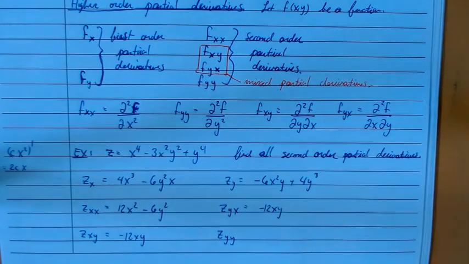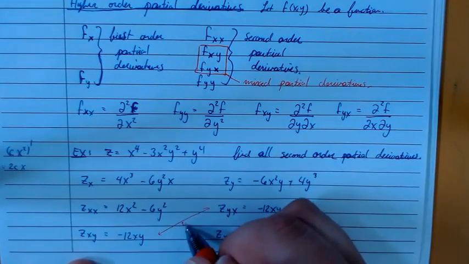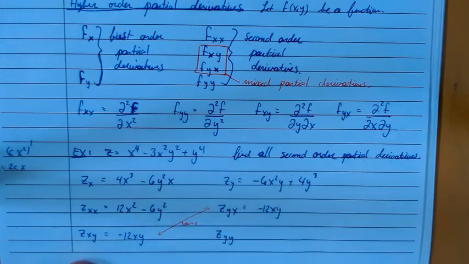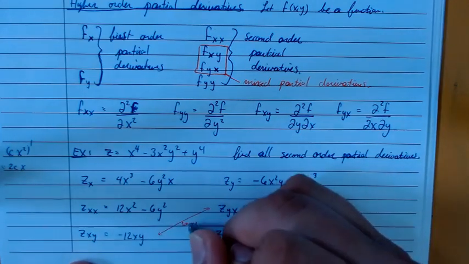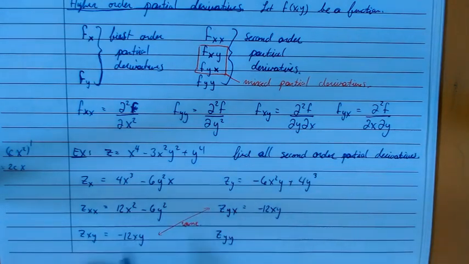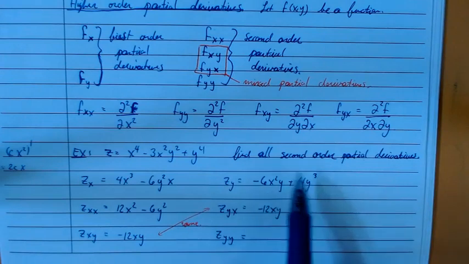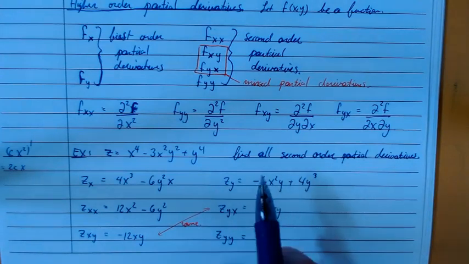One thing to note, these are the same. That is not a coincidence. There's a theorem coming up here in just a moment which will confirm for us that these should be the same under appropriate conditions. Finally, z sub yy, that's, well, we're going to take the derivative of this with respect to y.